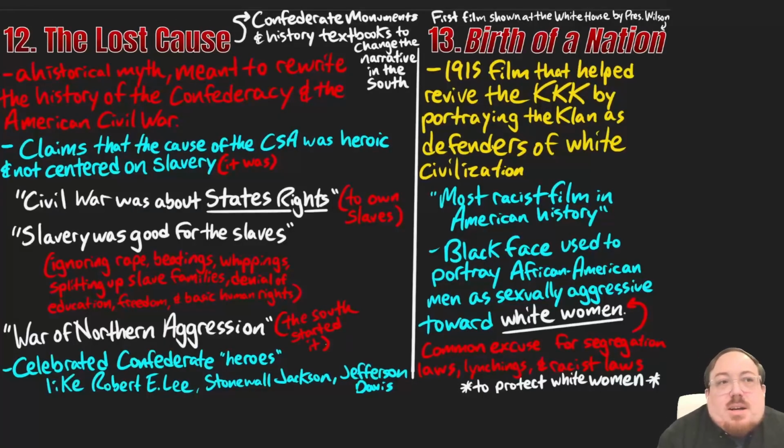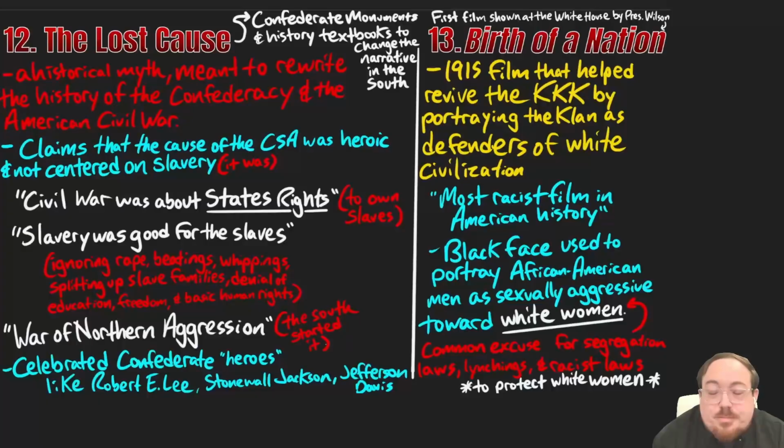Another result of the former Confederates, white supremacists, and people who are partial to the Confederacy gaining power in the South again is that they will attempt to rewrite history in what's known as the Lost Cause. So, the Daughters of the Confederacy is one group that is founded.